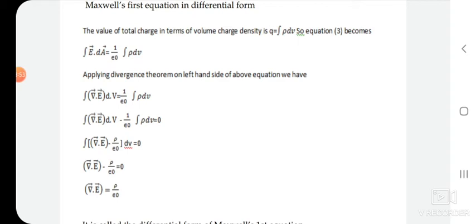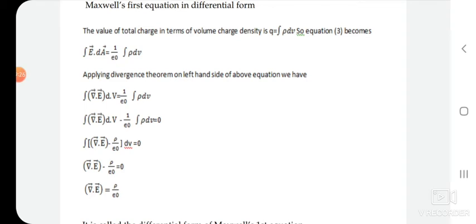If we substitute the value of Q in equation 3, it becomes the surface integral of E dot dA is equal to 1 by epsilon naught times the volume integral of rho dV. The left hand term is a surface integral and the right hand term is a volume integral. Both are different, that's why we cannot equate.